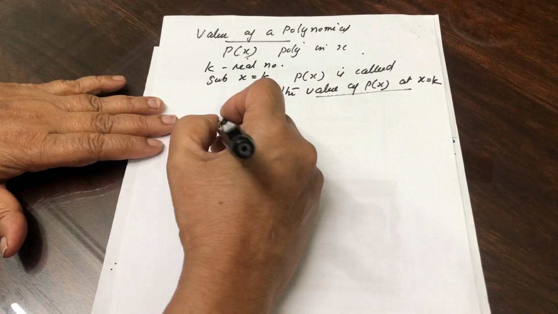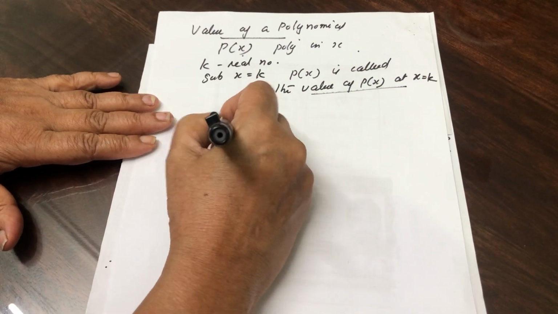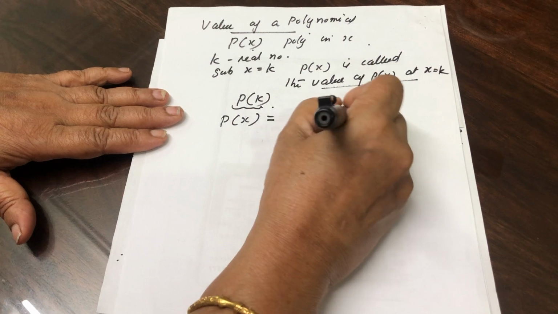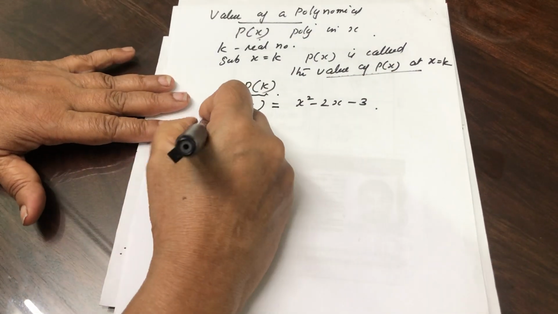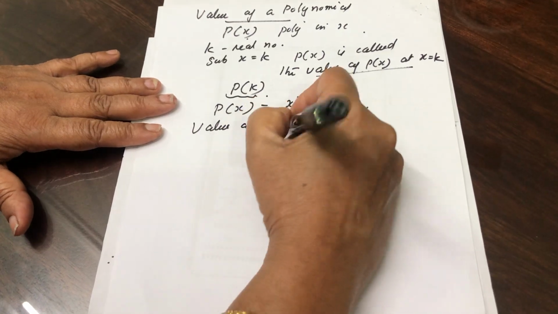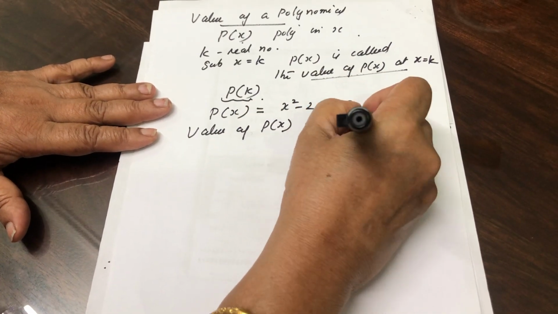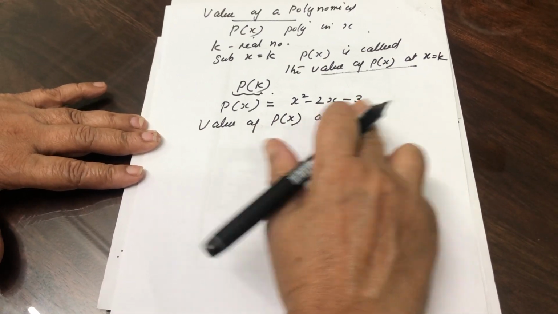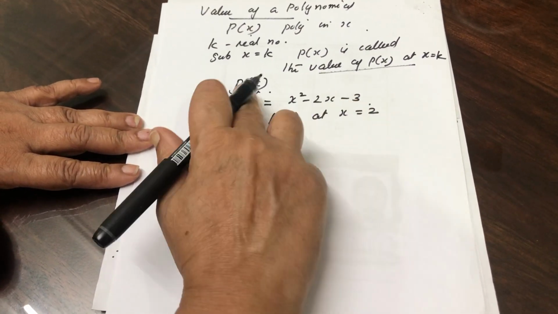So for example, I take a polynomial p(x) = x squared minus 2x minus 3. I am going to find out the value of p(x) at x equal to 2. The value of p(x) at x equal to 2 means you have to replace x by 2.